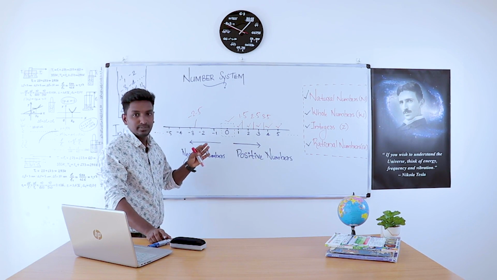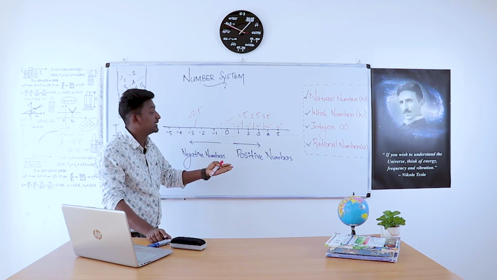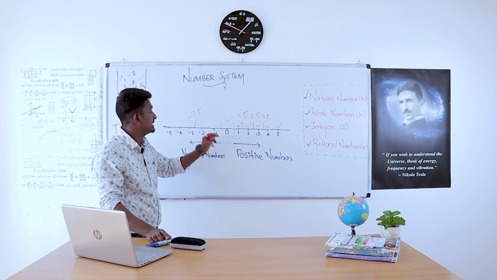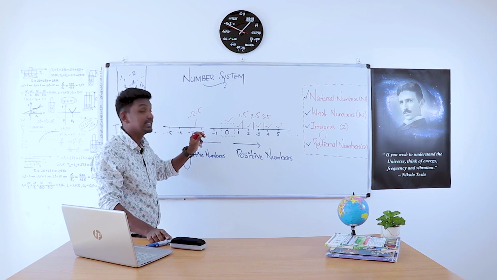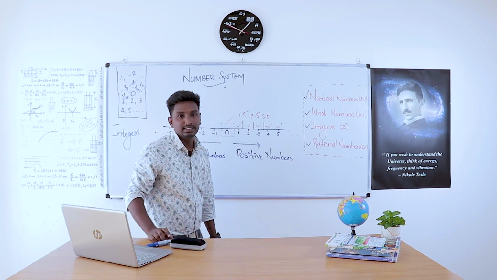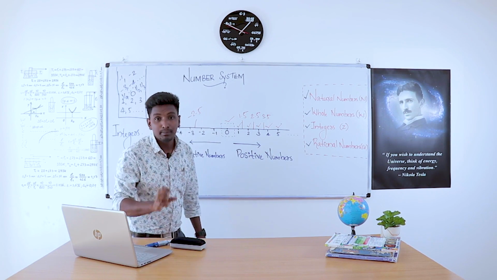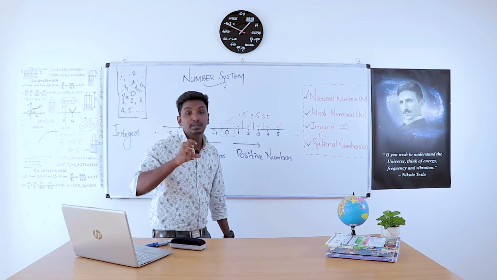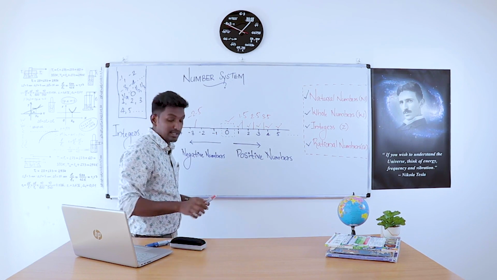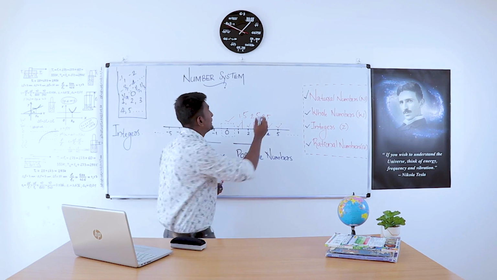Now we can define rational numbers as all negative numbers, positive numbers, 0, including the fractions. That means those numbers which can be expressed in the form p/q.